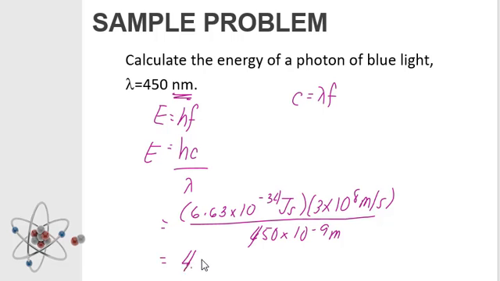Okay, that will give us 4.4 times 10 to negative 19 joules. However, we can express the energy in electron volts. We have energy equals 4.4 times 10 to negative 19, and our conversion factor is 1.6 times 10 to negative 19 joules per electron volt.